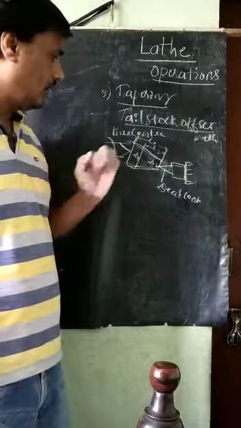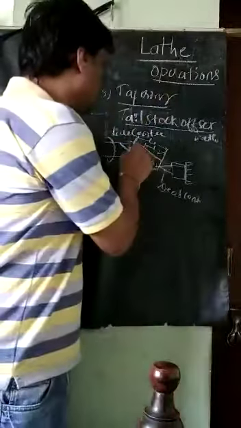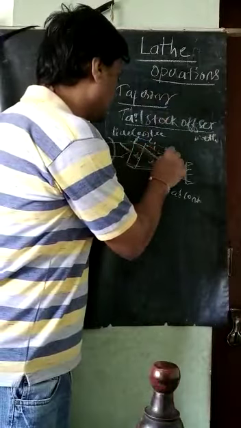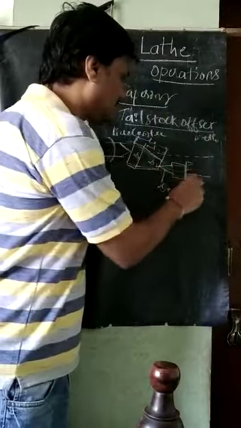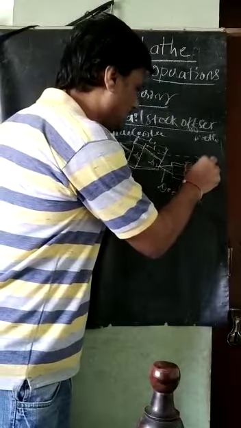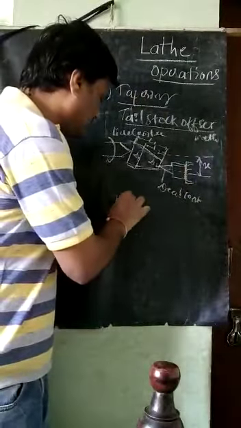Next, how to find the offset? What is the offset? Offset is the distance between the center line of the live center and the center line of the dead center, called x.